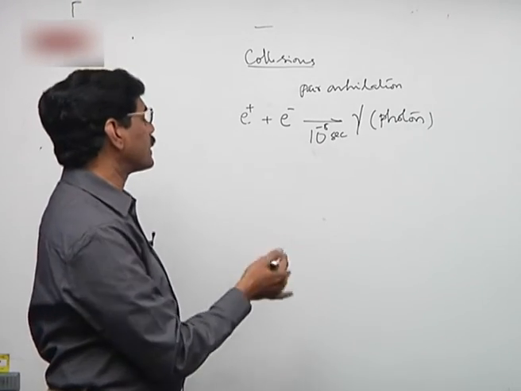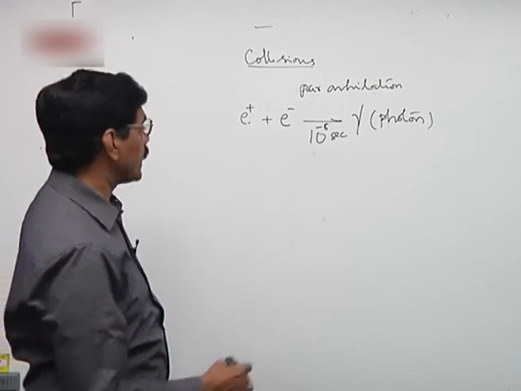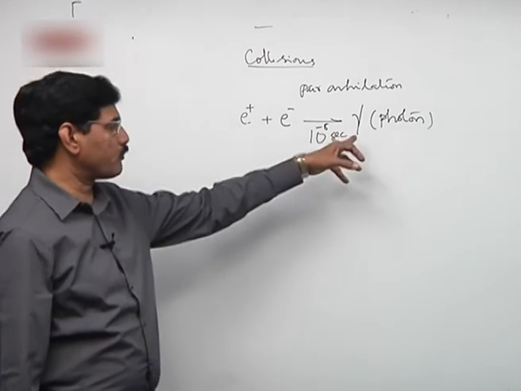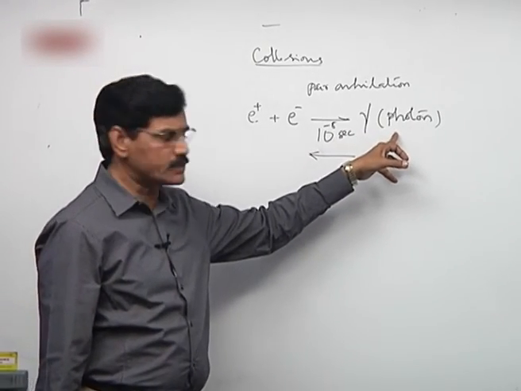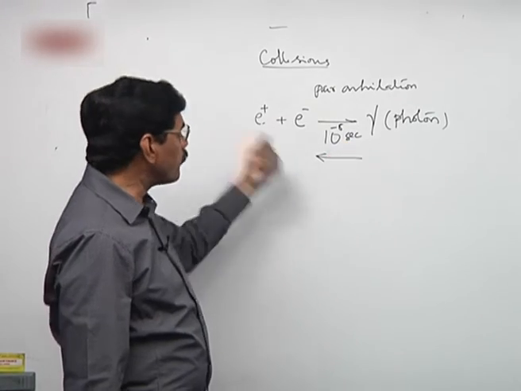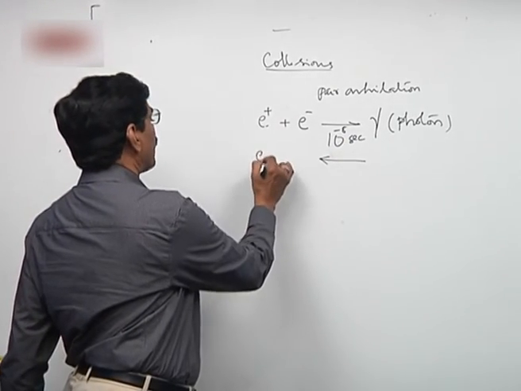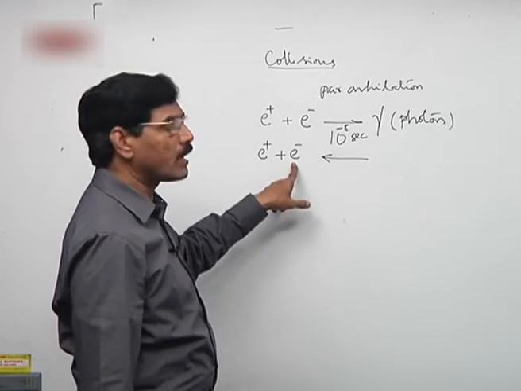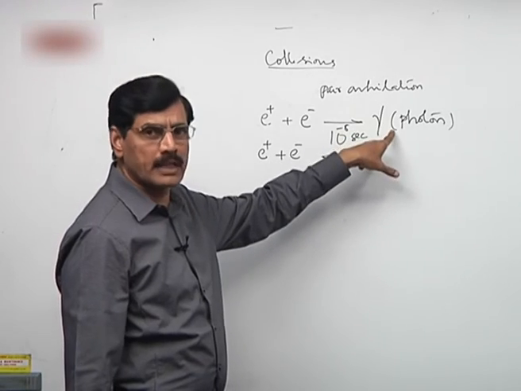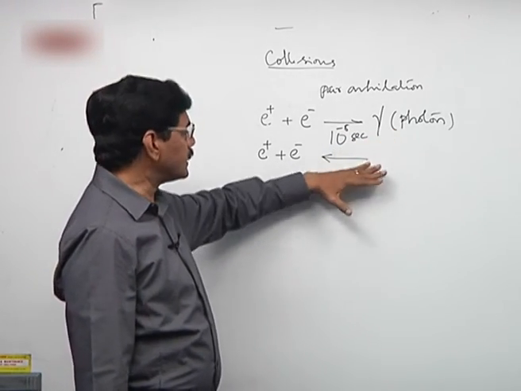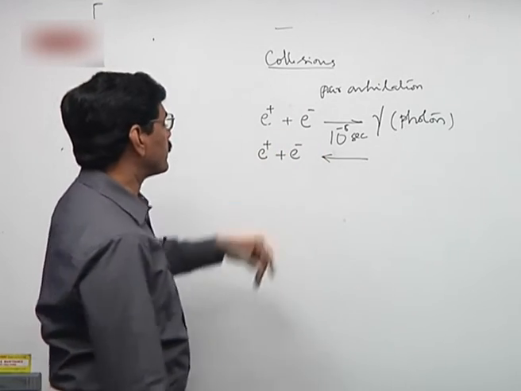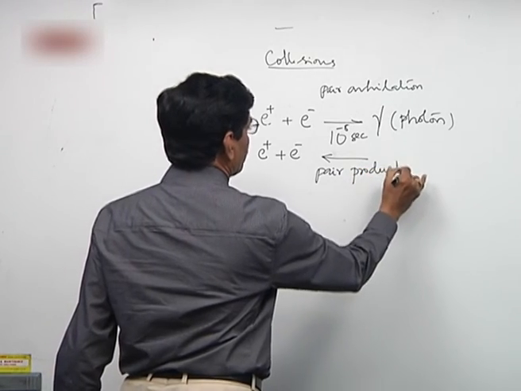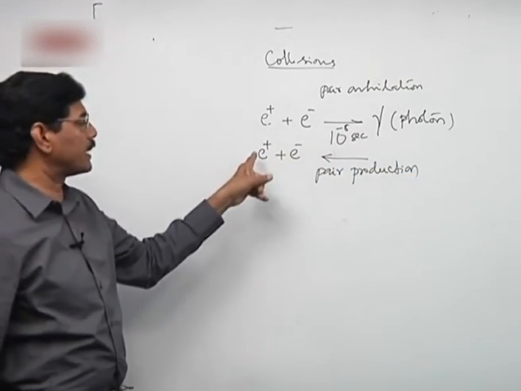There is another type of event that is also a collision, that is the reverse process. A gamma ray photon under suitable conditions will give rise to a pair of particle and its antiparticle, that is, an electron positron pair is created by the gamma ray photon under suitable conditions. This reverse process is called the pair production process. In pair production, energy is converted into matter.